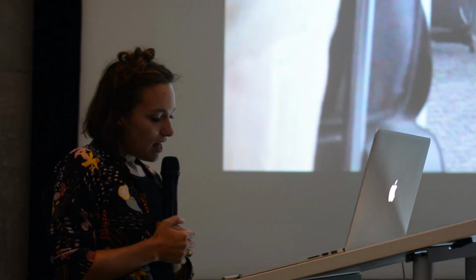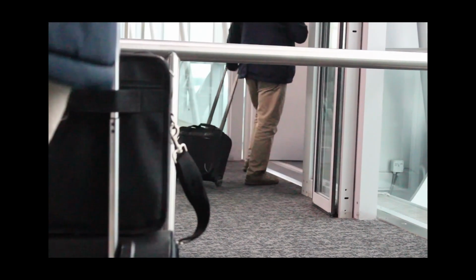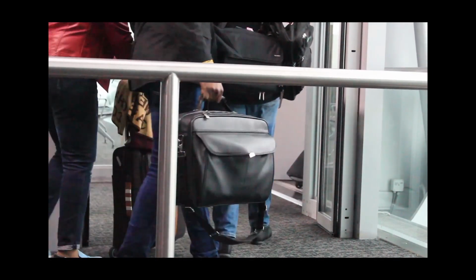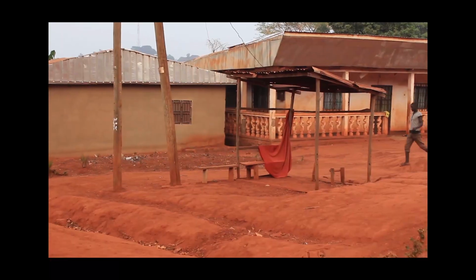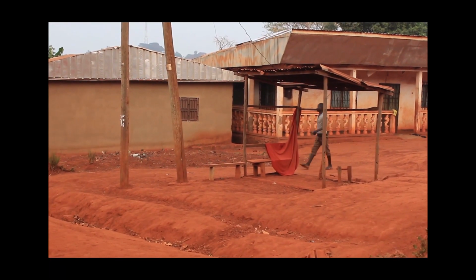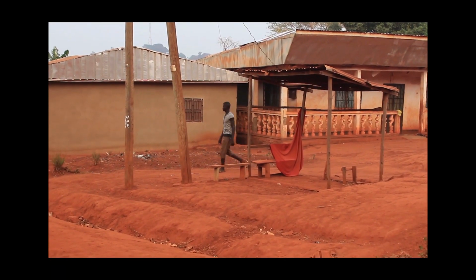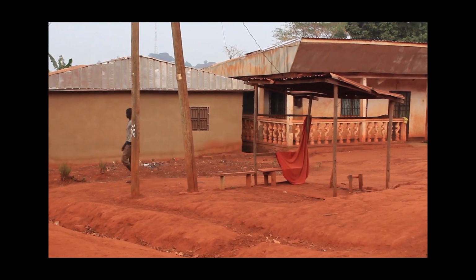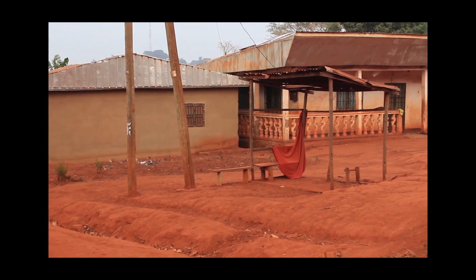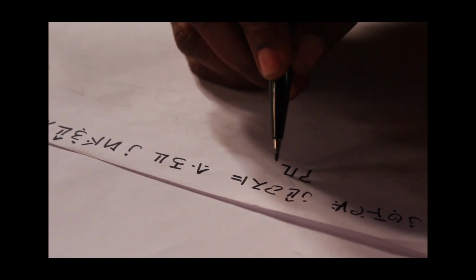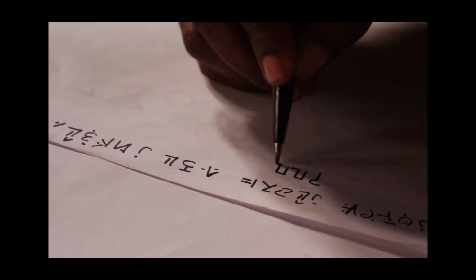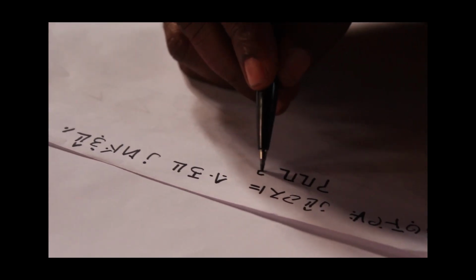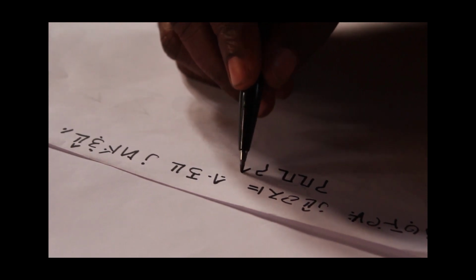To talk about my project, I started to work on this alphabet 2 years ago. I obtained a grant from Belgium at this time, when I was staying there, and I went to Cameroon to see what was happening. I met the right people, and actually there are still people that are writing and reading it.